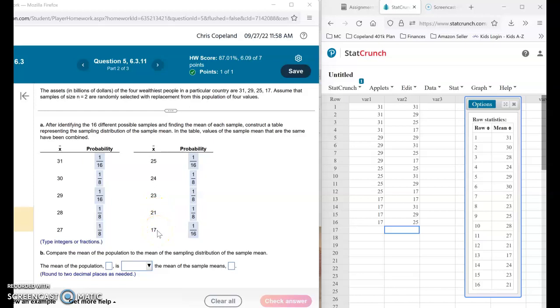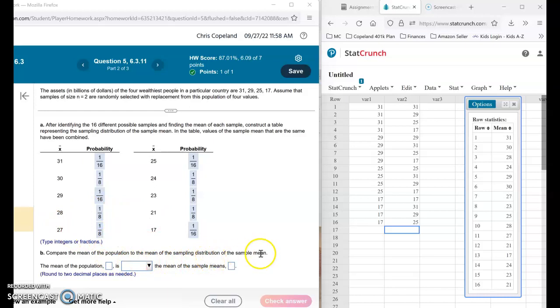If I add all those up, 31 plus 30 plus 29 plus 28 plus 27 plus 25 plus 24 plus 23 plus 21 plus 17, and divide that by how many I have, 1, 2, 3, 4, 5 on that side, so divide by 10, that is 25.5. So they're the same.